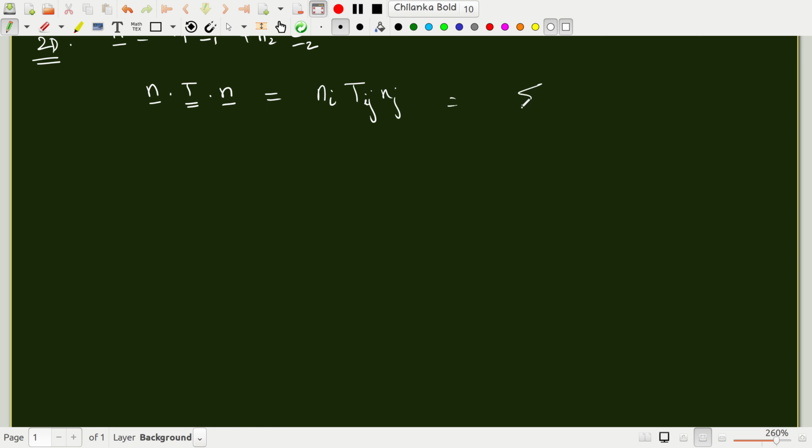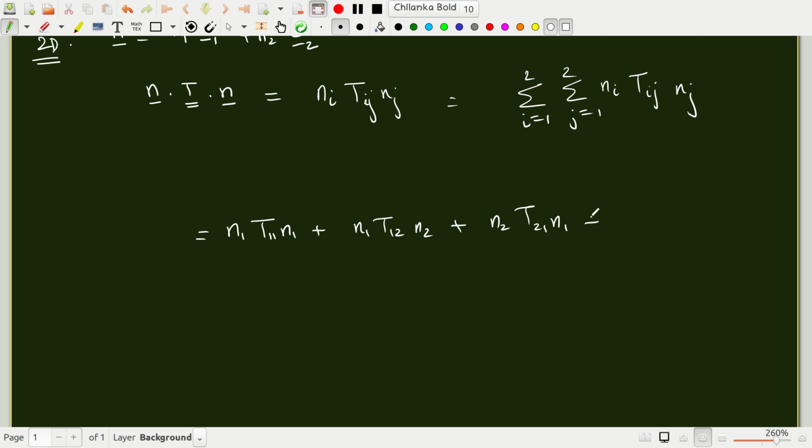This essentially means that i is equal to 1 to 2, j is equal to 1 to 2. So this means n1 T11 n1 plus n1 T12 n2 plus n2 T21 n1 plus n2 T22 n2.